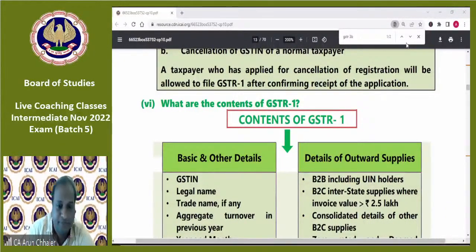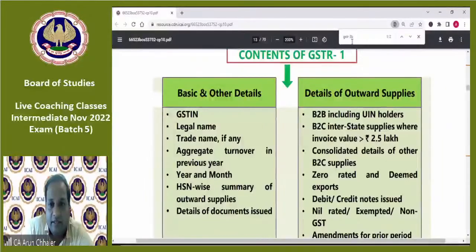Your sentence is correct. Now let me move to the content of the GSTR1. The content of the GSTR1 is the GSTIN, legal name, trade name, aggregate turnover in the previous year, year and month, HSN summary of the outward supplies, and details of the documents issued. And what is the other info?